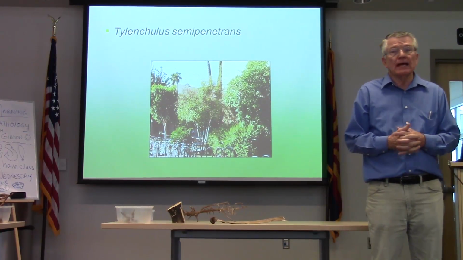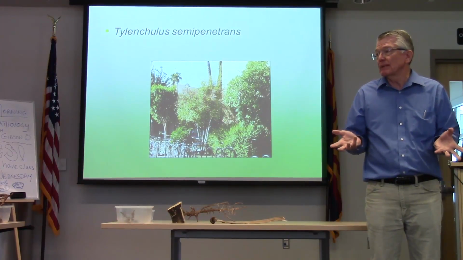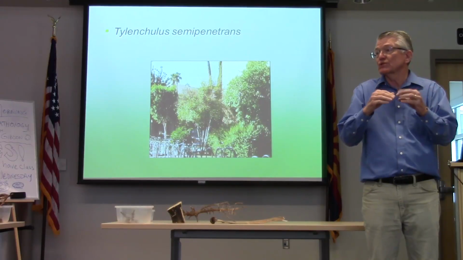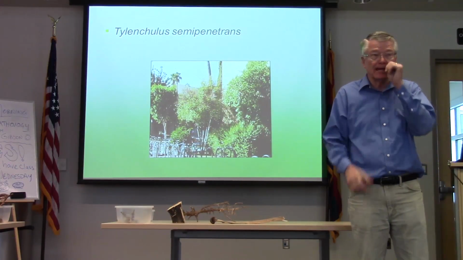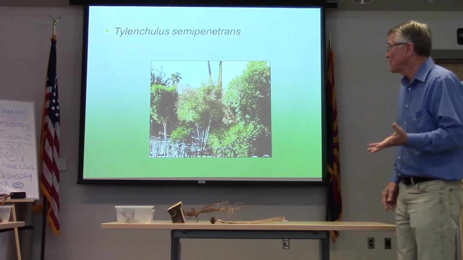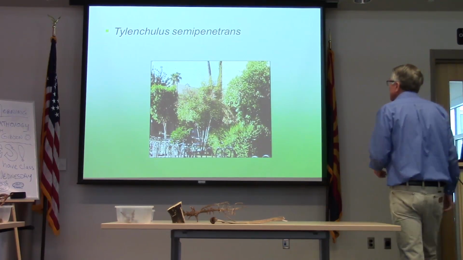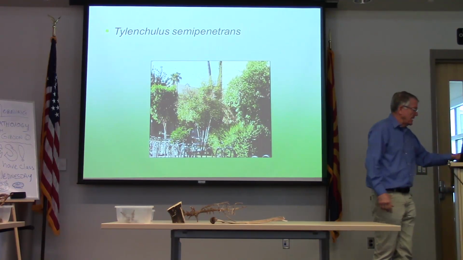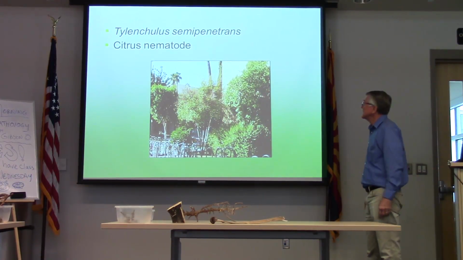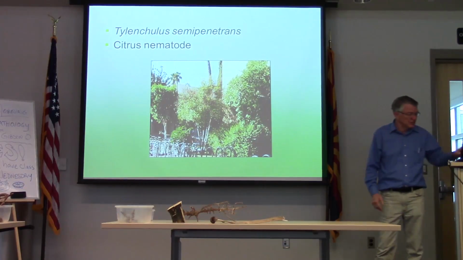There are those that live outside the plant and attack it from the outside, and there are those that become embedded inside the plant and attack it from the inside. The root knot nematode is the most common that we have. This one is the citrus nematode, and it affects citrus trees.